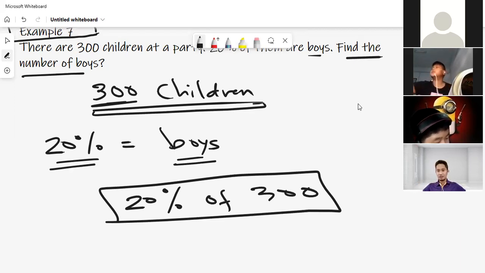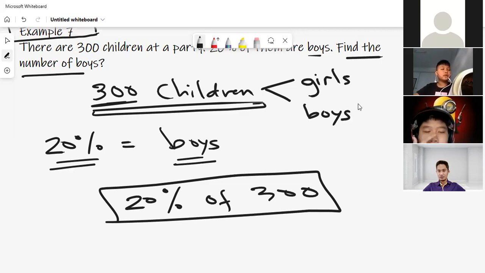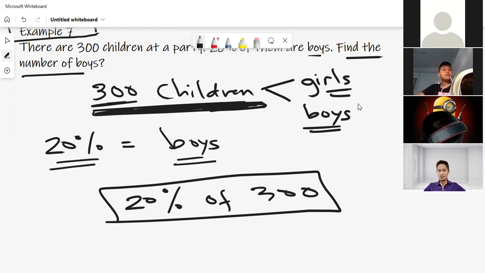Because the children here are composed of girls and boys. But the question here, find the number of the boys, which is 20%. So the question here, what is 20% of 300?